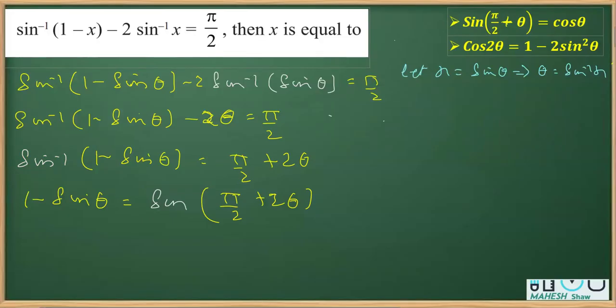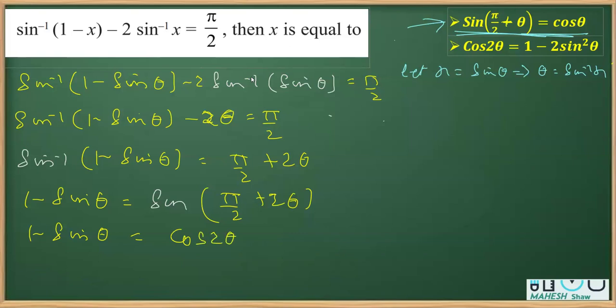After that, I'm going to apply this identity: what is sine of pi by 2 plus theta? Sine of pi by 2 plus theta is cos theta. That's what I'll do here. So 1 minus sine theta is equal to cos 2 theta.